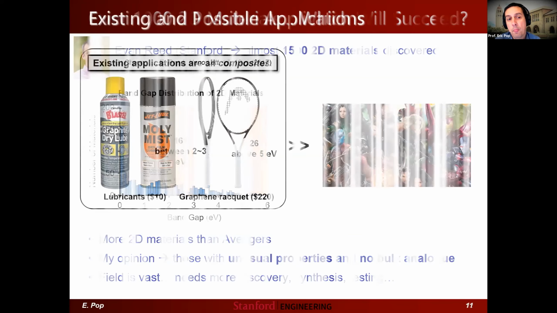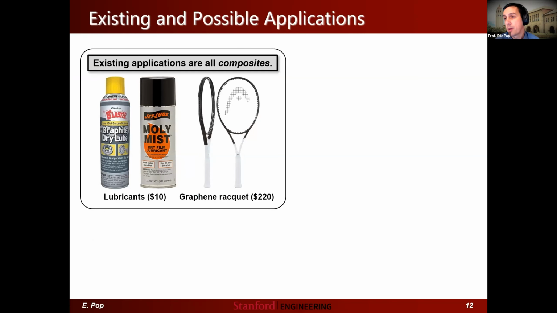All right, so what are some of the existing applications of 2D materials? It turns out, from a quick survey, the applications that I see today are basically bulk composites. You can buy these lubricants. In fact, I have a graphite dry lube for my bicycle chain, or something very much like it.